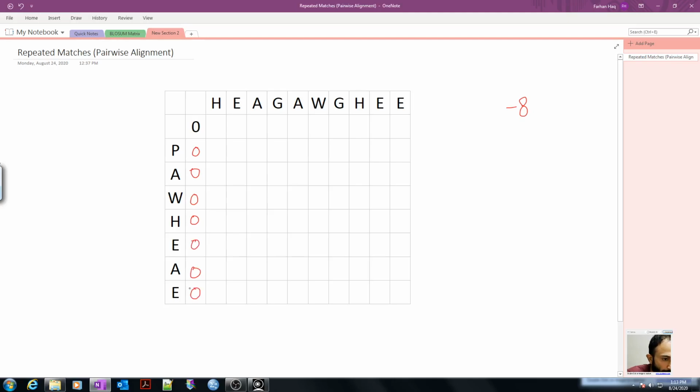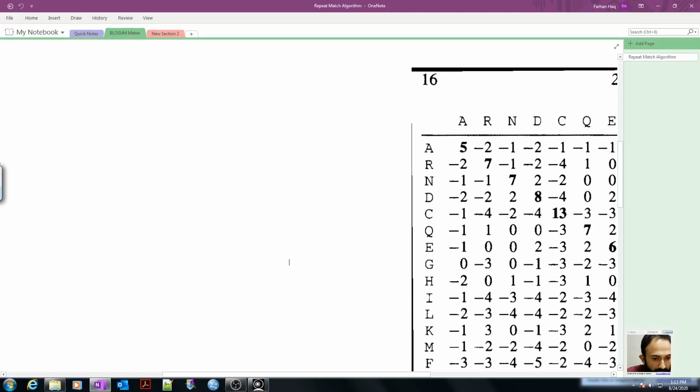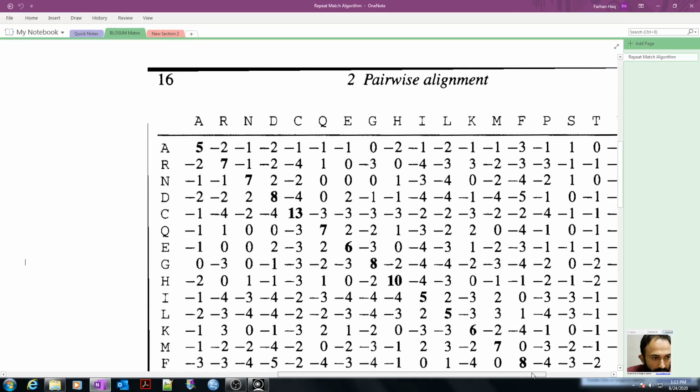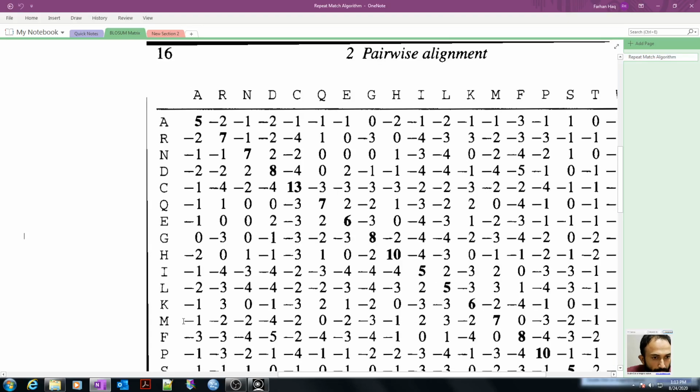Right? Now from the next column, again here there will be 0, and now we have to start aligning the two sequences. For example, here P is aligning with H. So what is the score of P and H? We have to look at the BLOSUM matrix, and you can see that P against H is -2.